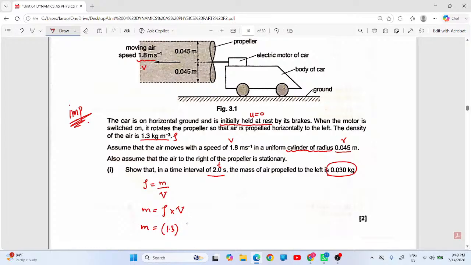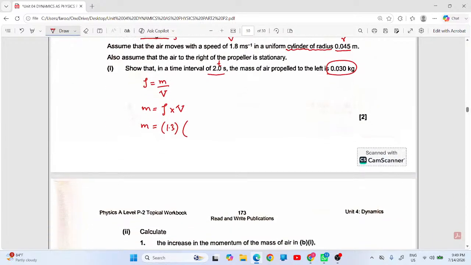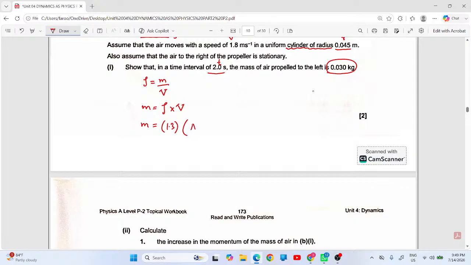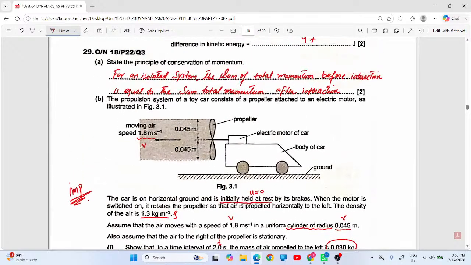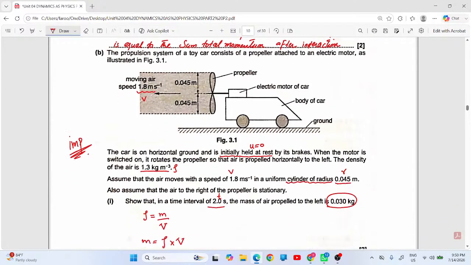Now mass equals density, 1.3, times pi, radius 0.045 squared, times height. What's the height? Height is this one.